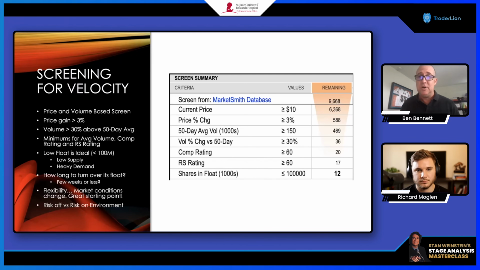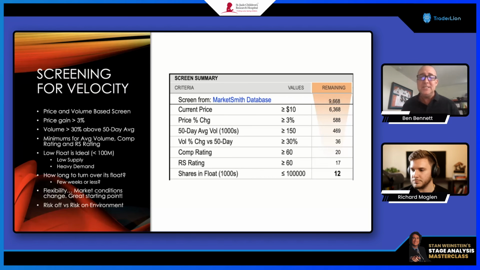If it's turning over its float quickly, whether that's in a period of days or a week or two, I know that the potential of that stock to move quickly with velocity is significantly more than something that maybe has a 150 million float. Even though the volume increased, and that volume may be 10 million, that's only a 15th of its float. So it all has to come together. We'll get more into that, and I have some examples.